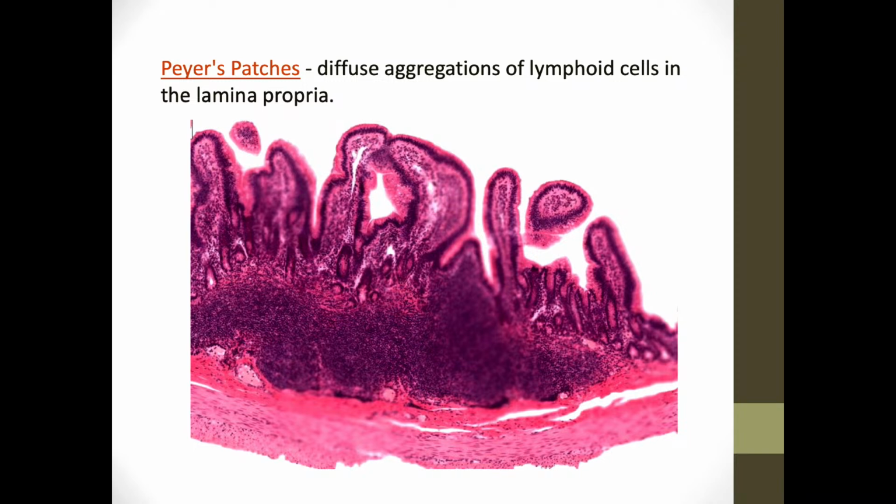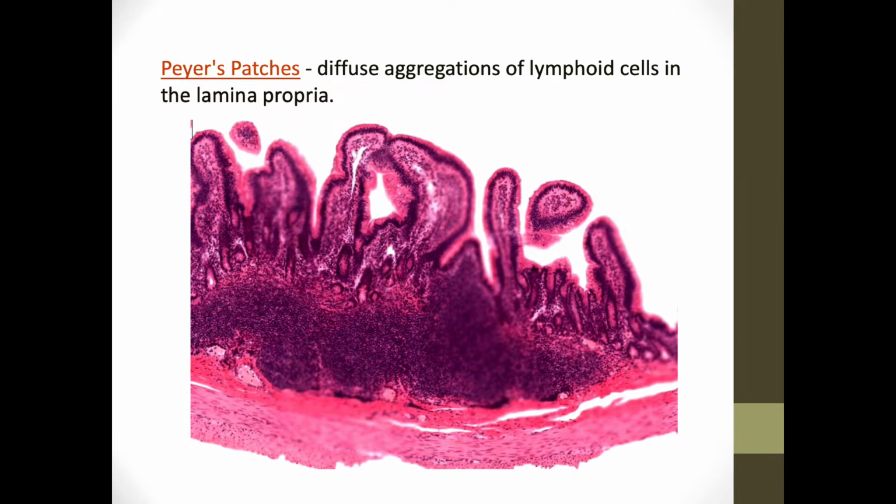But in the ileum there are many aggregations of lymphoid cells. They usually are located in the lamina propria, so it means in the mucosa. Sometimes they are also in the submucosa, of course, in connective tissue.